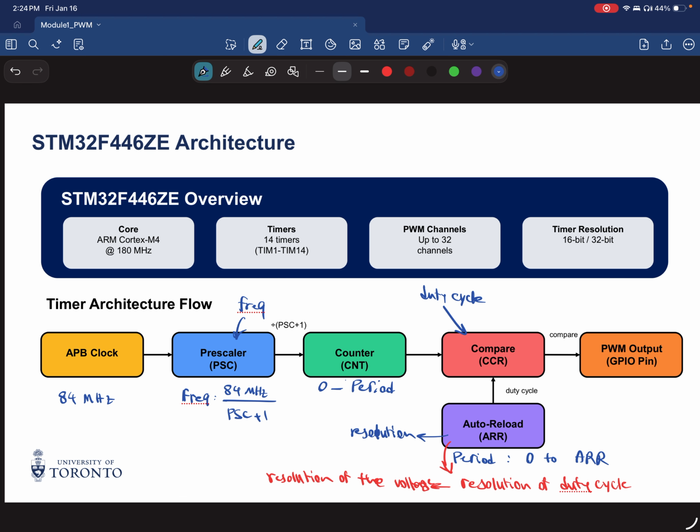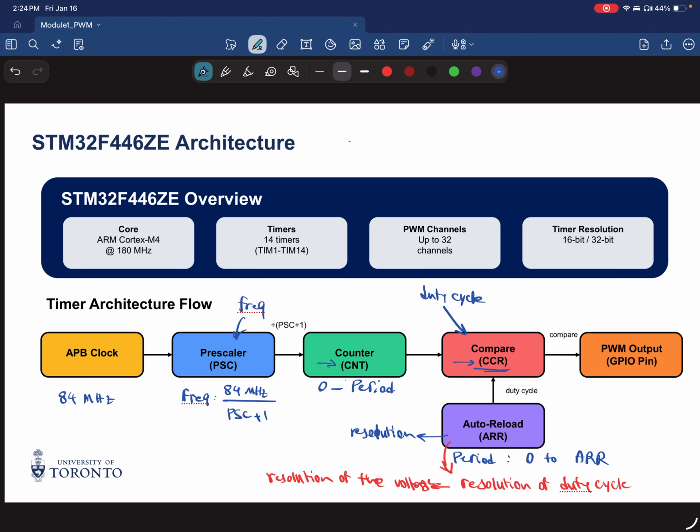Compare says if the counter is below the compare value, then the signal should be high. If the counter goes past the compare value, then the signal goes low.